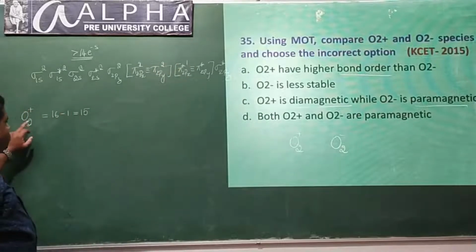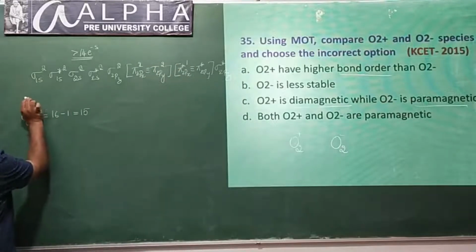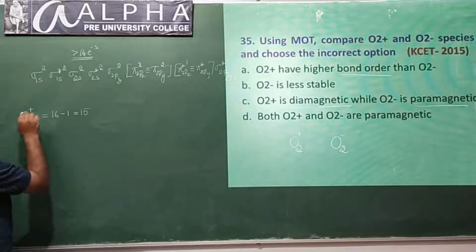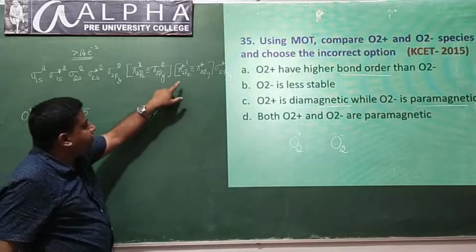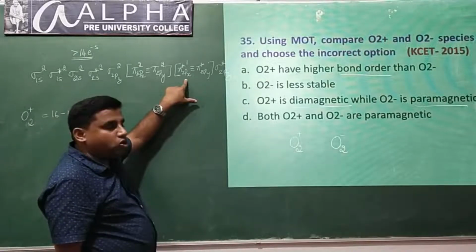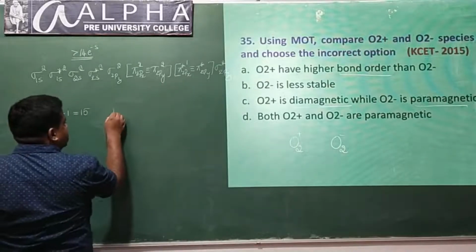Look at the electronic configuration of O2 plus. In it, there is one unpaired electron.